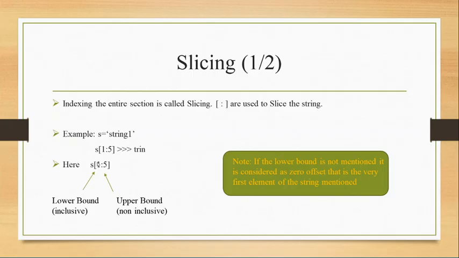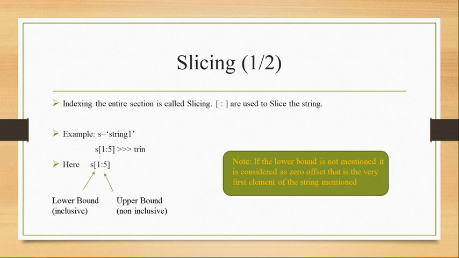Here, the first bound is called the lower bound and the second bound is called the upper bound. Whenever we are mentioning the two indexes, the lower bound is always inclusive. That is, the element which is present at the lower bound, the lower index, will always be considered.